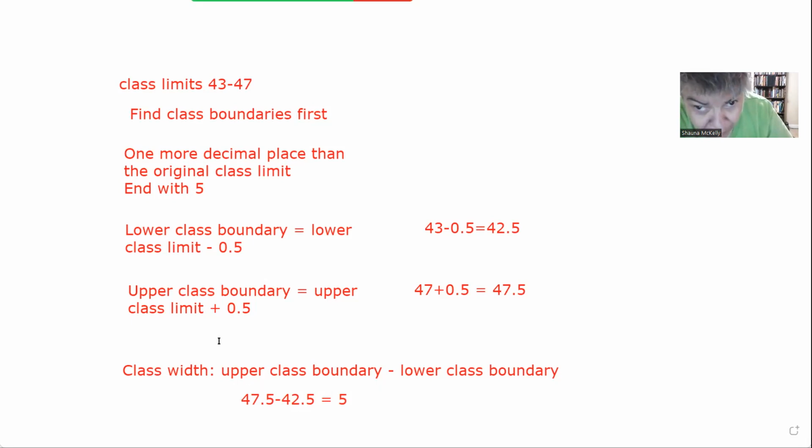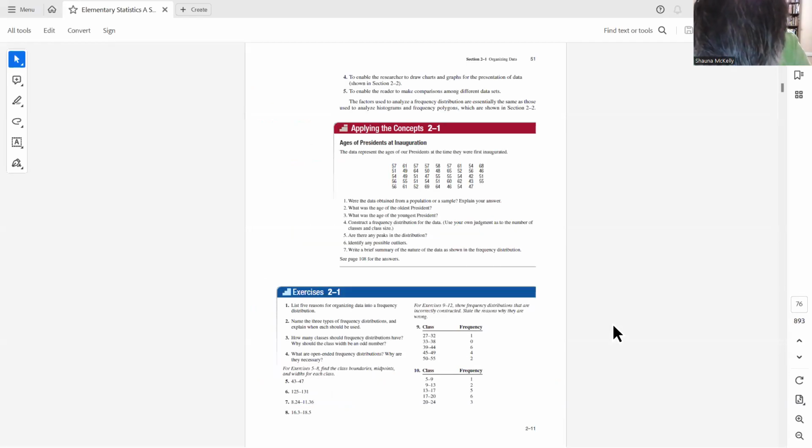Okay. Let me do one more example for you with a different number of decimal places so you can see how that works. At this point, I'll do a new share and go back to the textbook. Let's do number 7: 8.24 to 11.36.